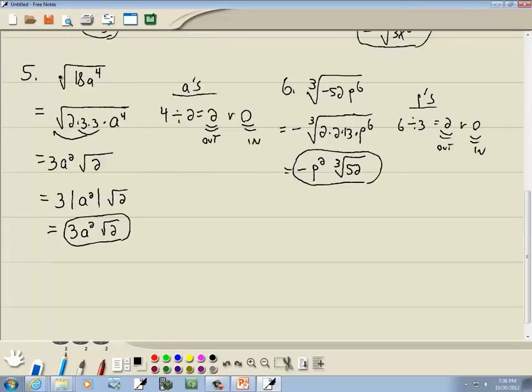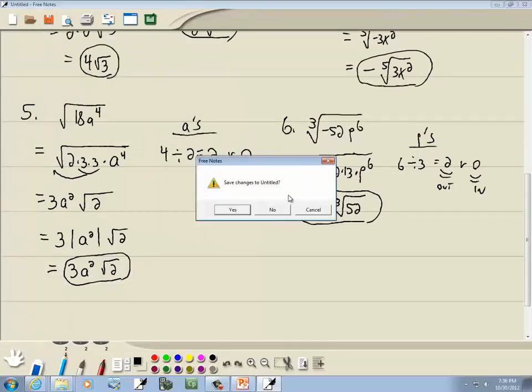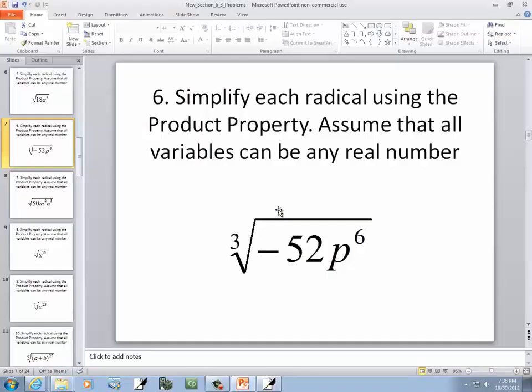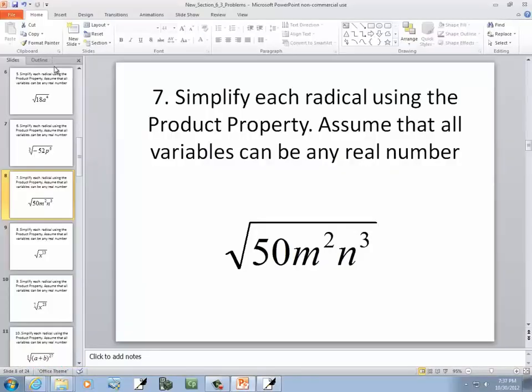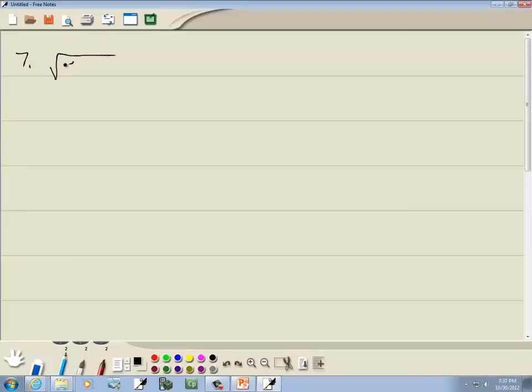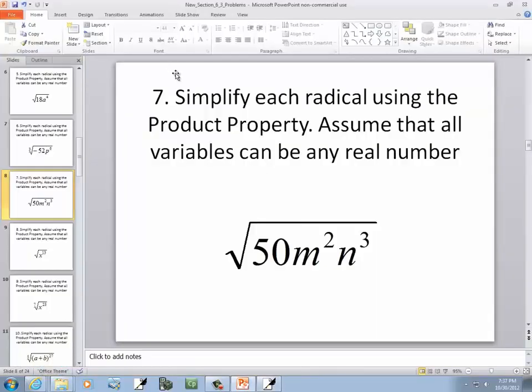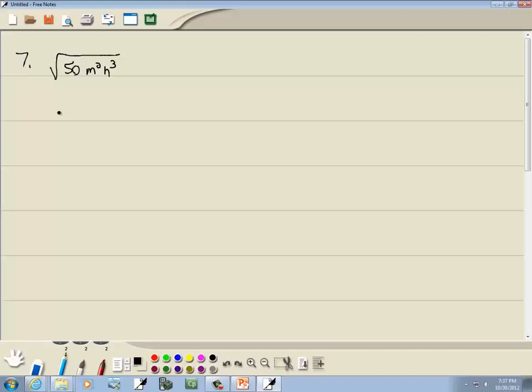Let me start a new page. And let's look at our next problem. There's a lot of these problems. So we've got the square root of 50 m squared n to the third. Instructions still the same: assume all variables can be any real number.